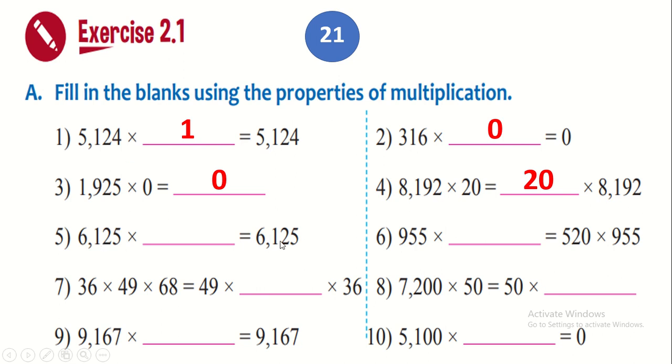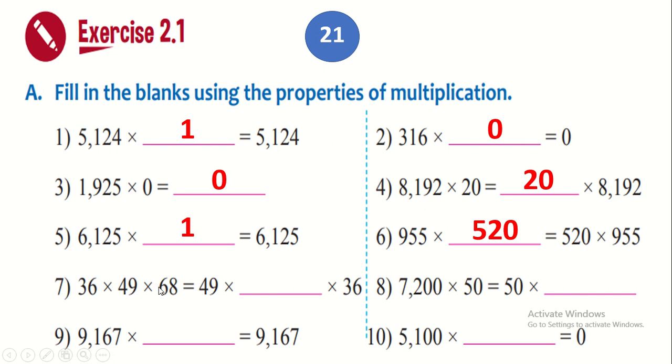The answer is the same. Multiply by 1. Number 6. 955 times what number here is equals to 520 times 955? Change only the position. The answer here is 520. Correct, students?